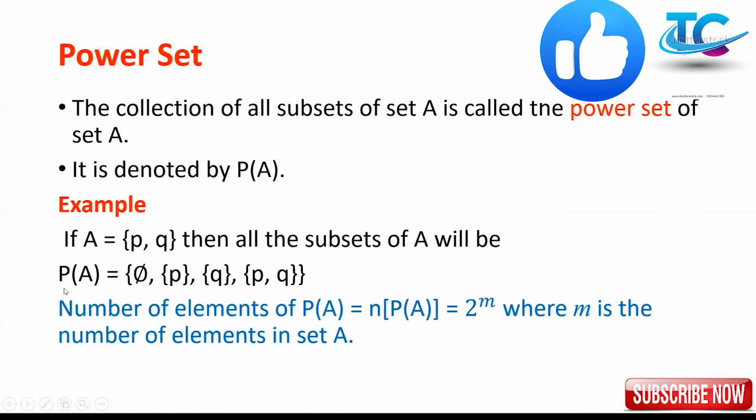The number of elements in a power set is equal to 2 to the power m, where m is the total number of elements in set A. Also, the possible subsets of a set are 2 to the power m, as we have already discussed, and the collection of all subsets is the power set. So the number of elements in a power set is 2^m.